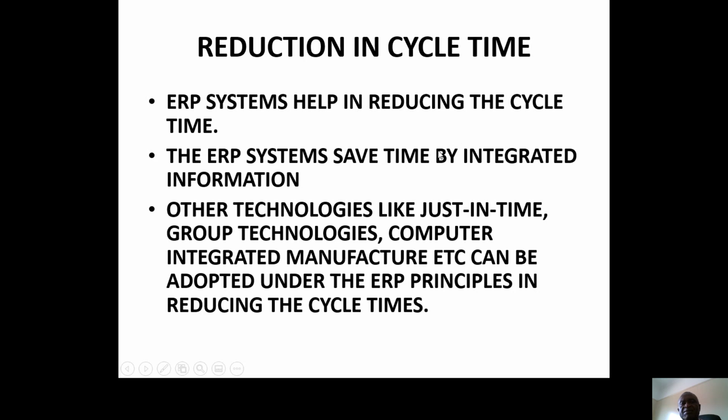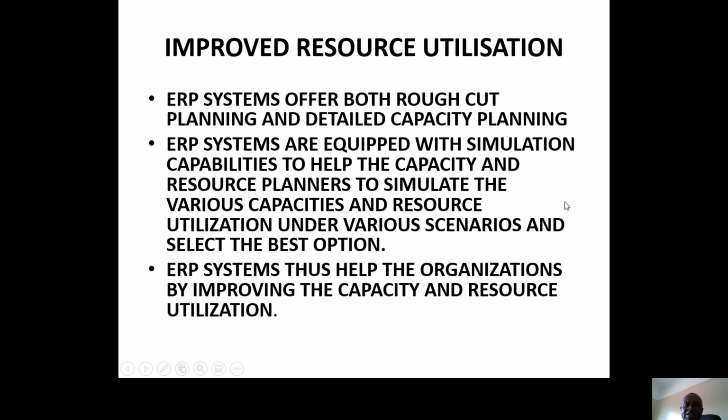Okay? Reduction of cycle time. The ERP saves time by integrated information. Other technologies are also incorporated: just in time, computer integrated manufacturing, and so on. It's a good system.